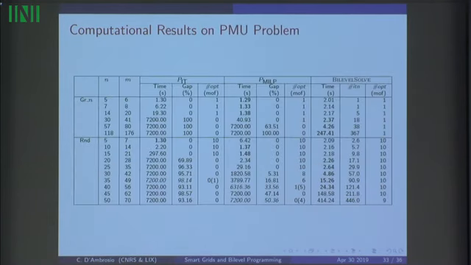So, the table of results. You can see here that this block concerns the IEEE instances, and this other block concerns the random instances. You have in the columns the number of nodes and the number of edges. And for each of the next 3 blocks, the first corresponds to the first model, the iteration-based model.